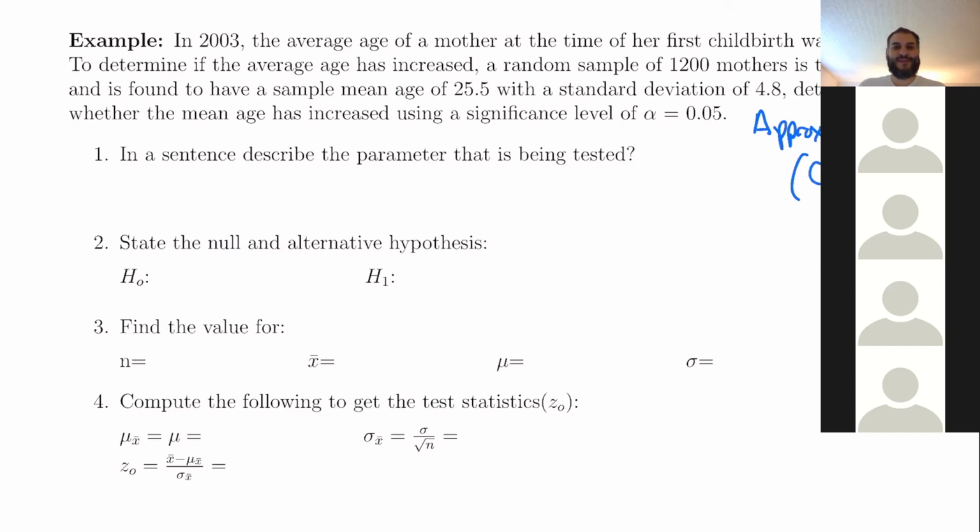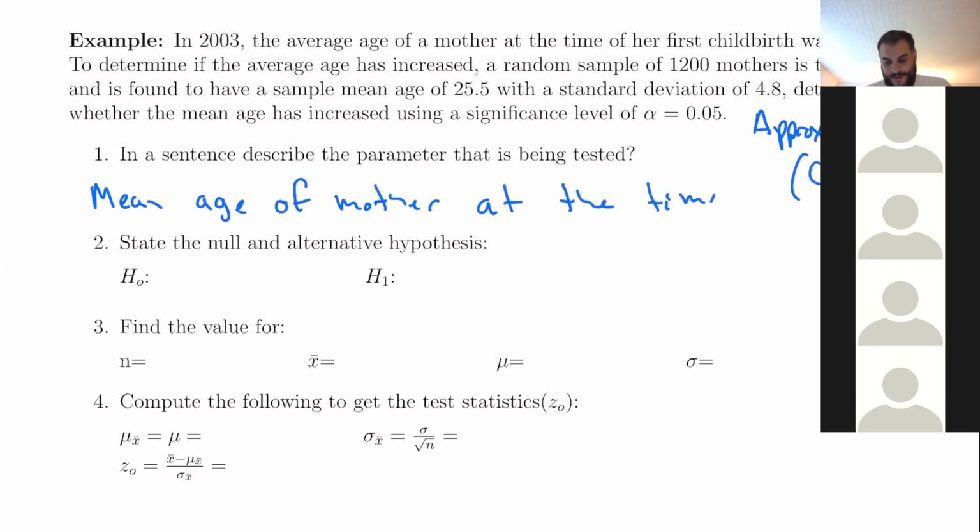Okay, so let's do the first part. It says, in a sentence, describe the parameter that is being tested. So: mean age of mother at the time of her first childbirth.